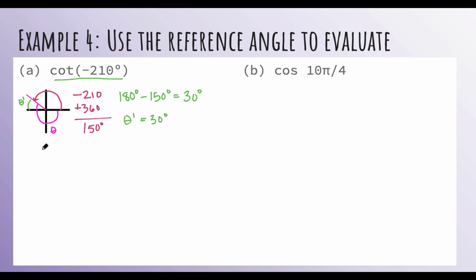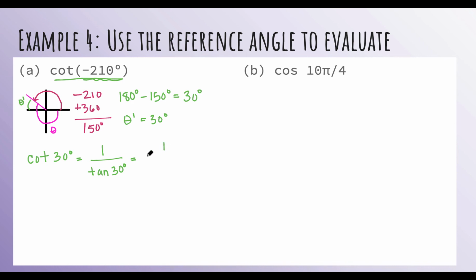Our next step is to evaluate the trig function using our reference angle, which is 30 degrees. So we're looking for the cotangent of 30 degrees. Cotangent we know is 1 over tangent of 30 degrees. We also know that the tangent is the ratio of sine to cosine.